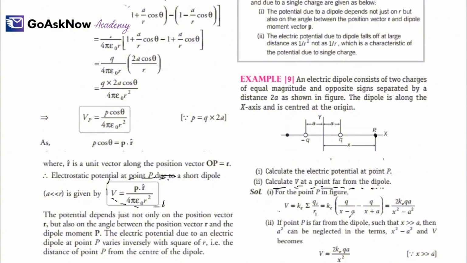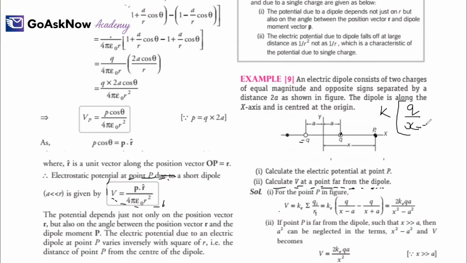K q1 by r1 plus k q2 by r2, with the charges minus q and plus q. That will be the superposition formula. So just take k common here, and in the bracket for this charge you will get q by x minus a.